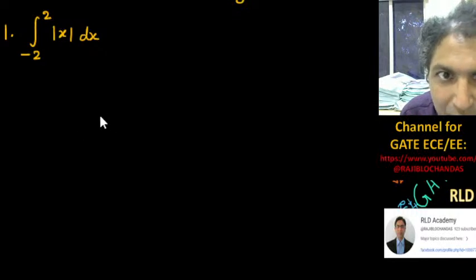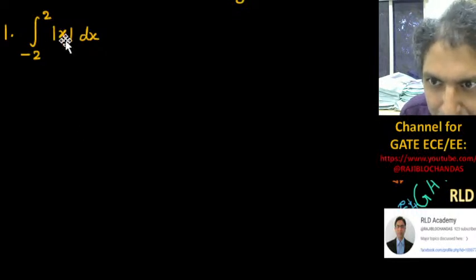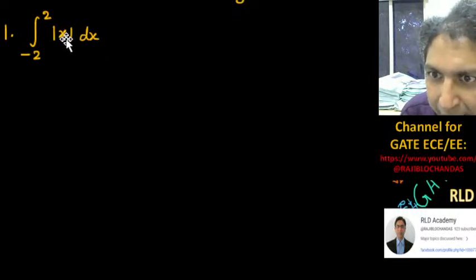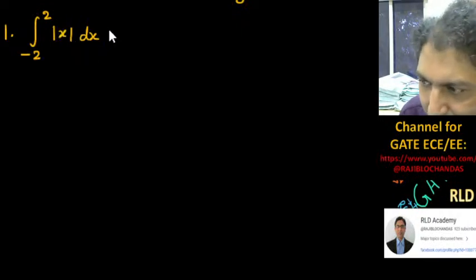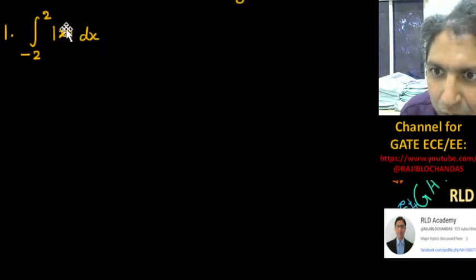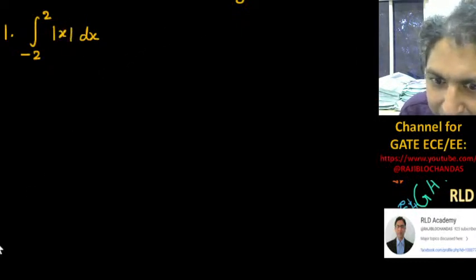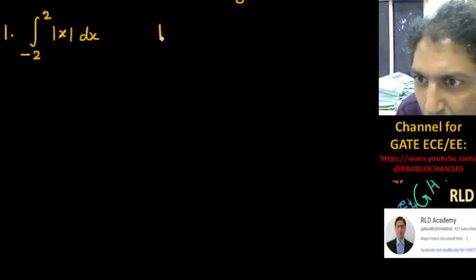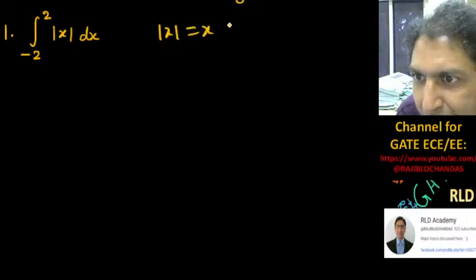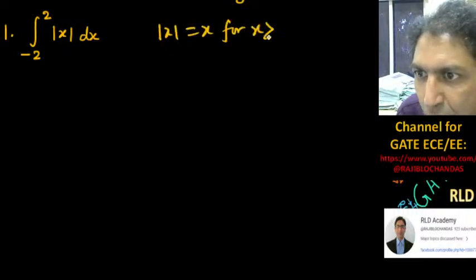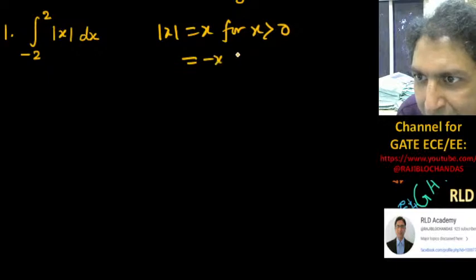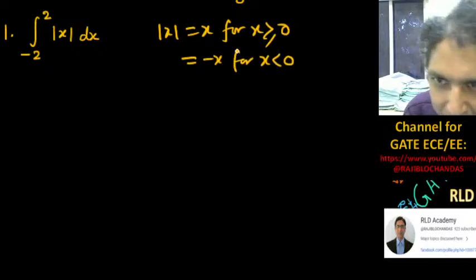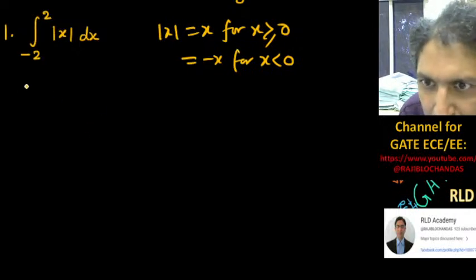So how to solve this problem? You know that mod x is always positive. I have already said that mod x is equal to x for x more than 0, and this is minus x for x less than 0, or I can put the equal sign somewhere. So what I can do is break this one.